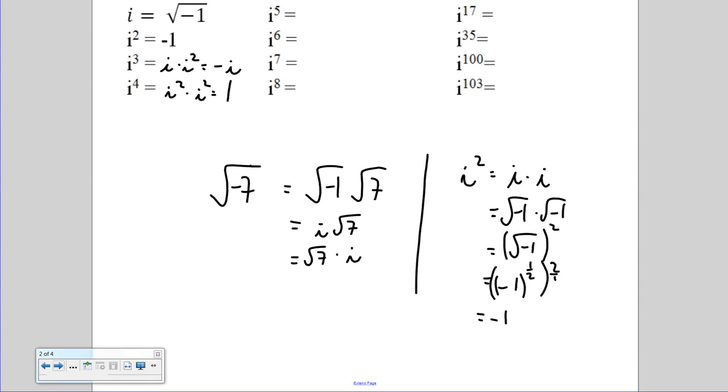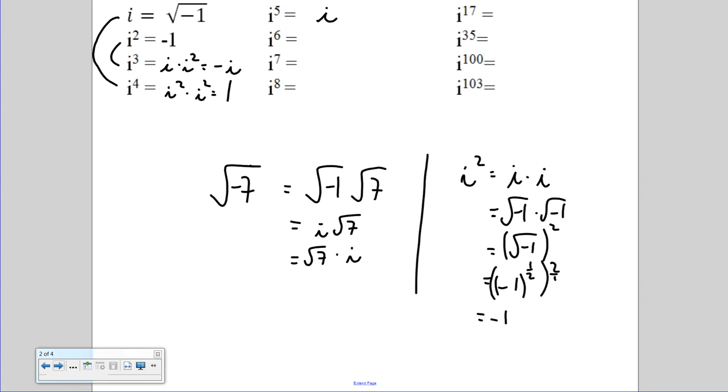Let's go ahead and go to i to the 5th. i to the 5th is the same thing as i squared times i to the 3rd. So that would be multiplying these two together, and you would end up getting i. Interestingly enough, you could multiply these two together to get i, or you could multiply these two together to get i, because they both equal i to the 5th.